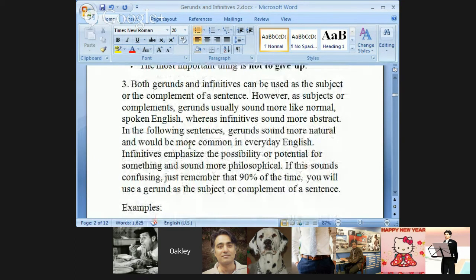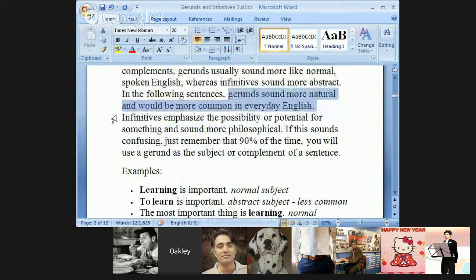Okay, as I just basically covered, gerunds as a subject sound much more natural in everyday English. Here's a little bit more to add to it. Infinitives emphasize the possibility or potential for something, and indeed, because they're emphasizing the potential, they sound a great deal more philosophical.